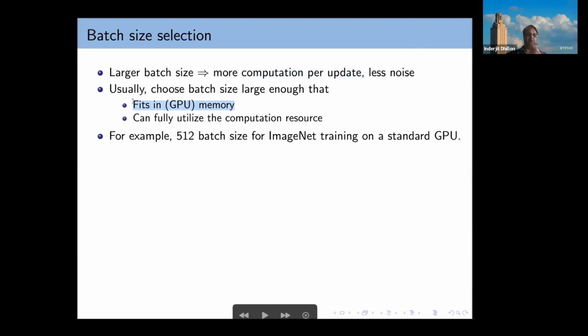They can do matrix multiplication very fast, and as a result, they can fully utilize the computation resource. So ideally, for efficiency reasons, you want to choose your batch size large enough that it fits in GPU memory and can fully utilize the computation resource.